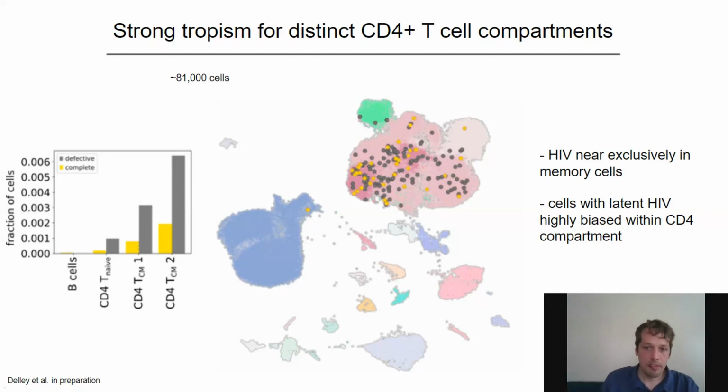But with DAb-seq, we are able to show that in addition to just being enriched in this compartment, it's basically exclusively there. And we also see that the HIV-infected cells are actually enriched in a special subset, which I label here the central memory compartment type 2, which is even more enriched in HIV cells.